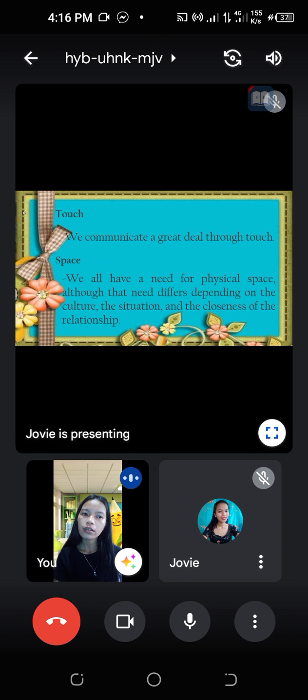We all have a need for physical space, although that need differs depending on the culture, the situation, and the closeness of the relationship. You use physical space to communicate many different nonverbal messages, including signals of intimacy and affection or aggression and dominance.